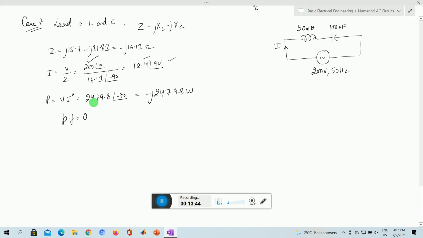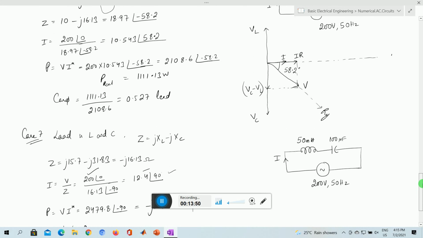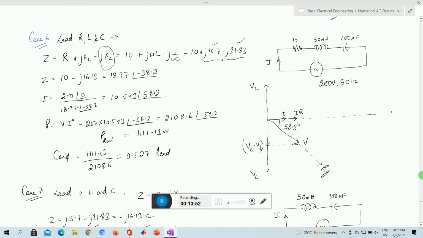So what is the observation that we have got from all these circuits? This is an RC load, and here you have the RLC. We get in RLC also the current leading by a positive value, and we get the power as total power angle minus 58.2.